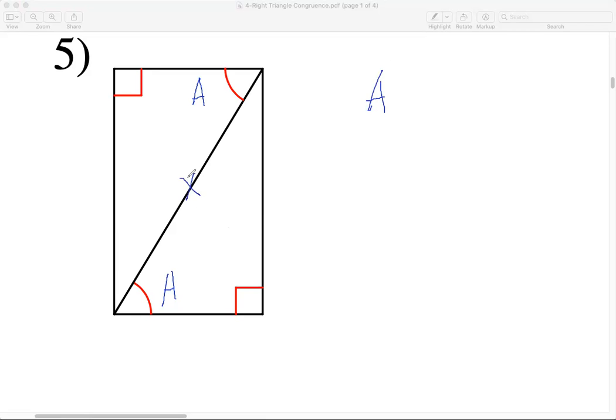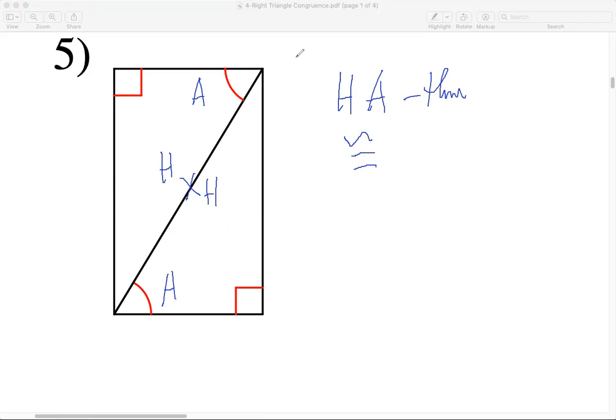And look at this. This side is the hypotenuse of this triangle and also the hypotenuse of this triangle. That's why this H is congruent to itself because of the reflexive property. So therefore, we could use the HA theorem. That's why these two triangles are said to be congruent.